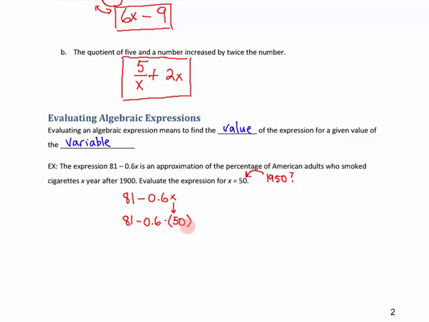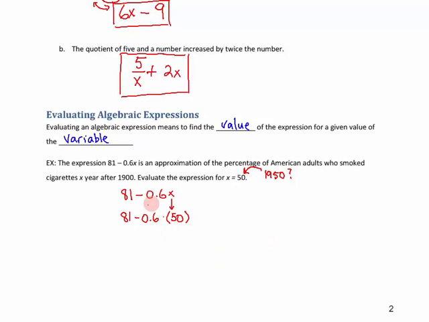So to evaluate this, I'll have to multiply 0.6 times 50, which is 30. Now you can pull out your scientific calculator for this, which is a required resource for this class. But if you multiply that out either by hand or by scientific calculator, you should get 30.